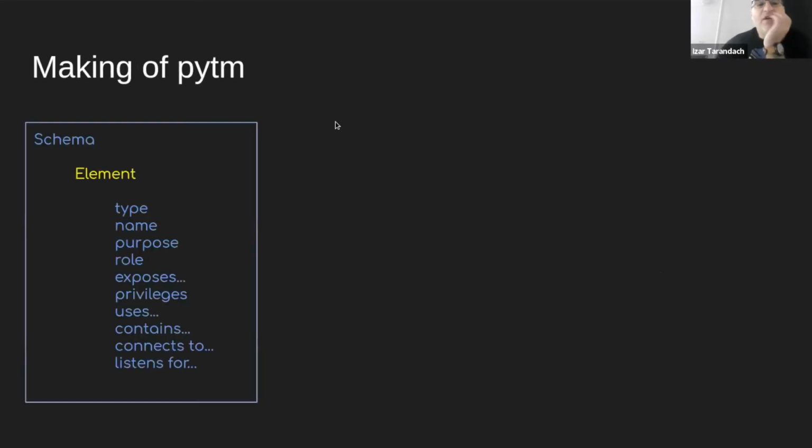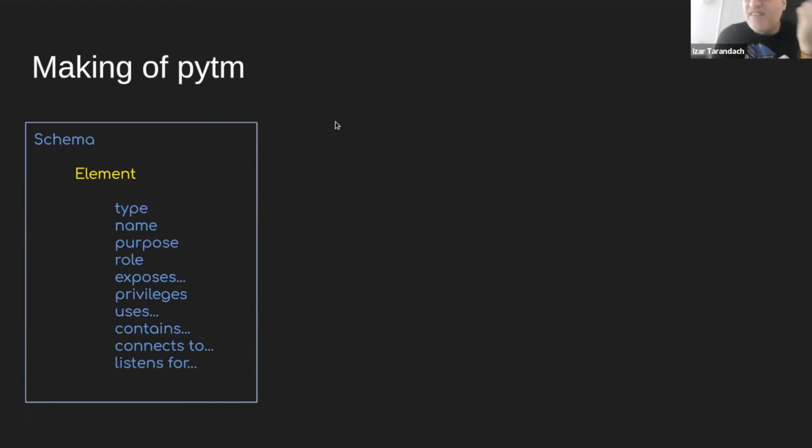So the making of pyTM basically is very, very simple. We came up with a very simple schema that's so far been able to abstract most systems out there. So we have things like a data store element, we have a server, a client, a data flow.